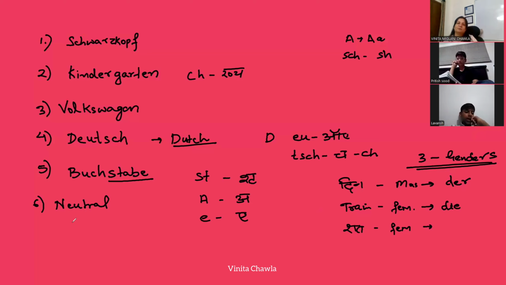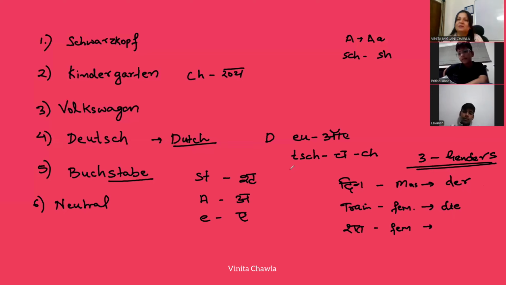EU is Oi. Neuteral. So there are 3 genders: masculine, feminine, and neuteral.